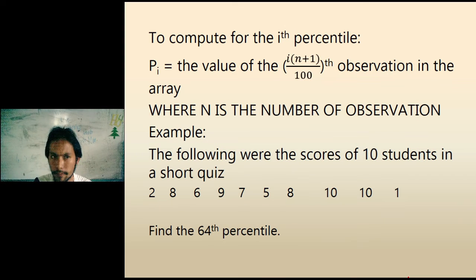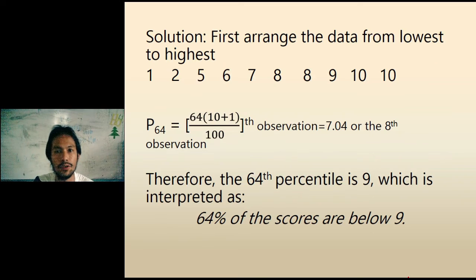To compute for the ith percentile, P sub i equals the value of the i times n plus 1 over 100 in the array, where n is the number of observations. For example, the following were the scores of 10 students in a short quiz. Find the 64th percentile. Solution: first, atong i-arrange ang atong data in array.